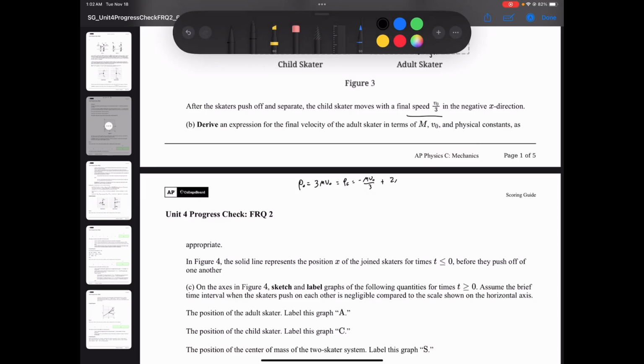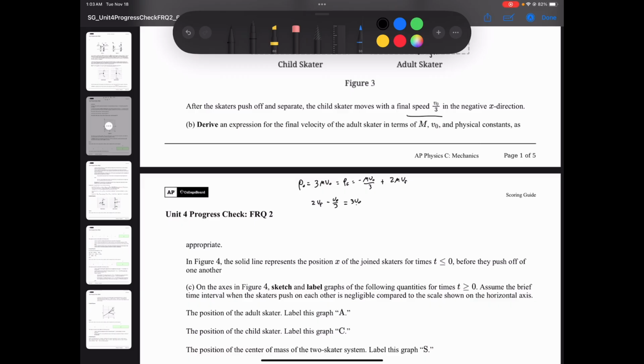And then we have the final momentum of the adult skater. Here, let's actually figure out what the final momentum is going to be. So I have m's in all these terms, so I'm going to get rid of the m's. I'm going to rewrite this as 2 vf minus v naught over 3 is equal to 3 v naught.